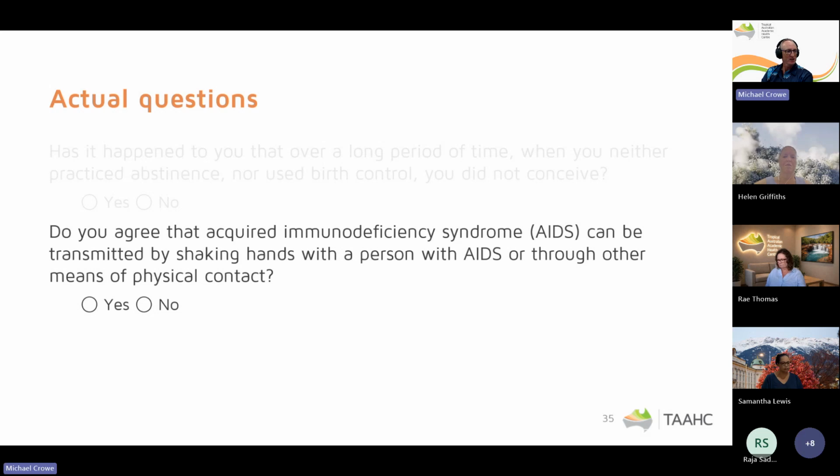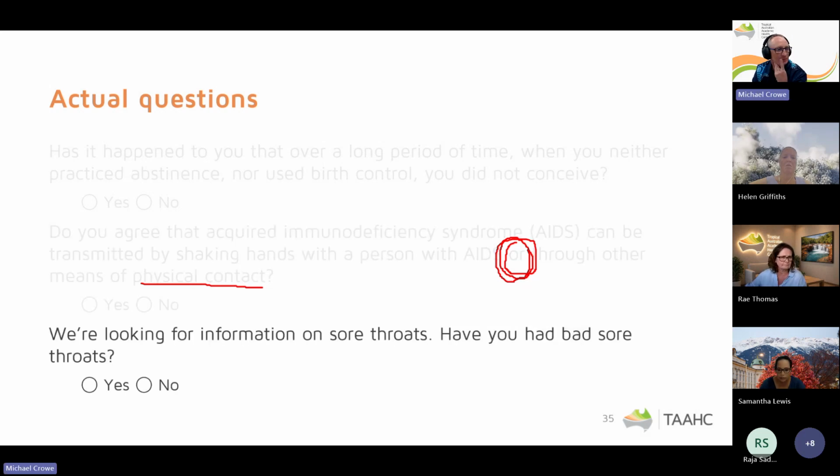Again, although it doesn't look like it, this is a double-barreled question. Not because there's an and, but because there's an or. And what do you mean by physical contact? Because yes, it does depend on the particular physical contact. So how about this one?